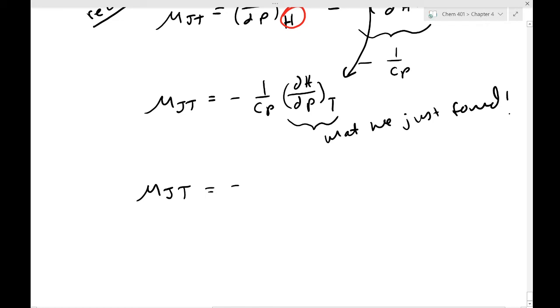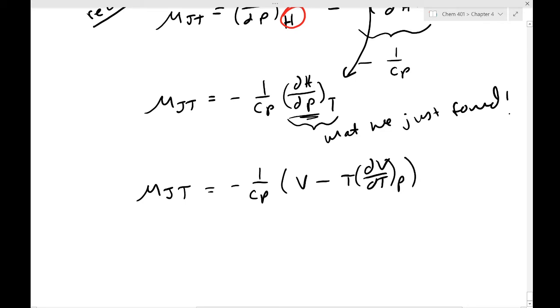We take -1 over Cp, and plug in the expression above for the change in enthalpy over the change in pressure, which is V minus T times the change in volume with respect to the change in temperature at constant pressure.